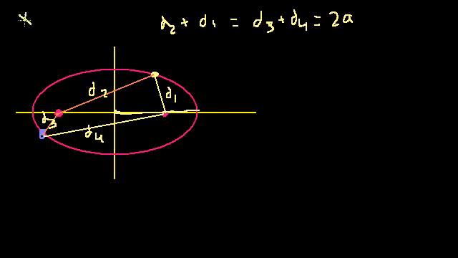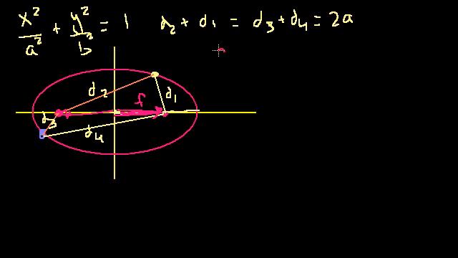If this is the formula for the ellipse, x squared over a squared plus y squared over b squared is equal to 1, this is where the a comes from. And the focal distance, the distance from the center of the ellipse to a focus, is just the square root of a squared minus b squared if a is larger, which is the case in this ellipse.